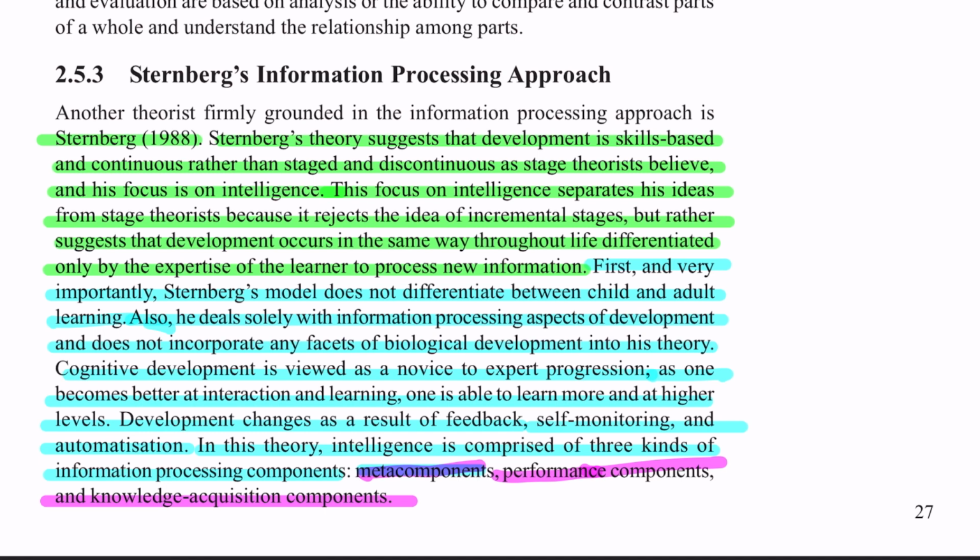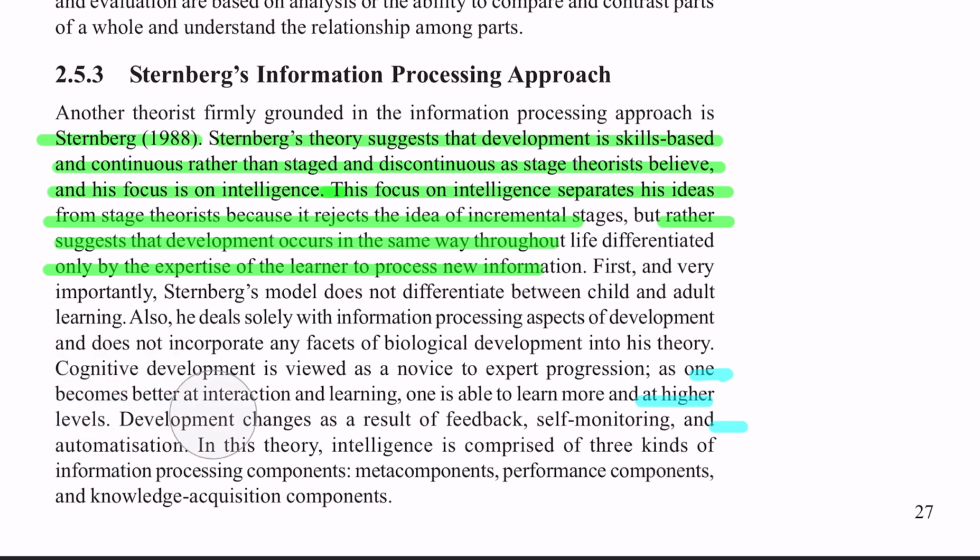Now, if we talk about Sternberg's model, there are two or three things that we will discuss here. The first and very important one: Sternberg's model does not differentiate between child and adult.